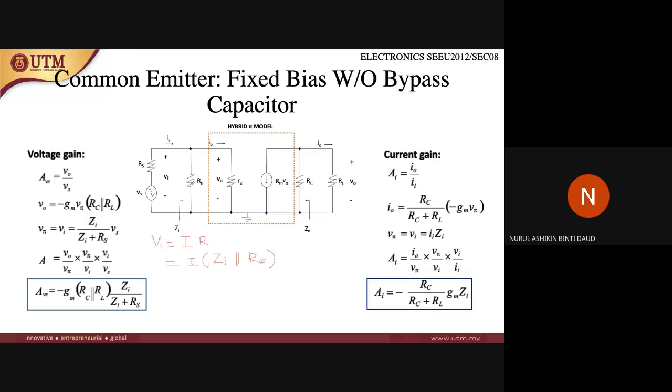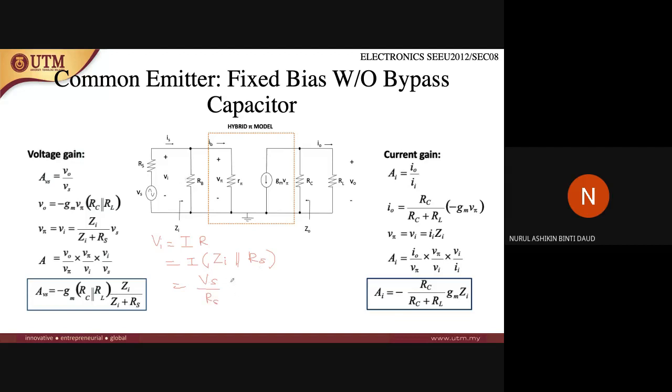Okay, Zi here is parallelly connected to RS. So I here is IS, and IS is equal to VS over RS.